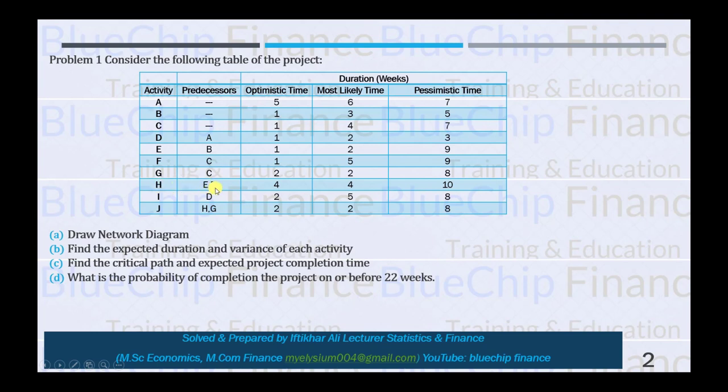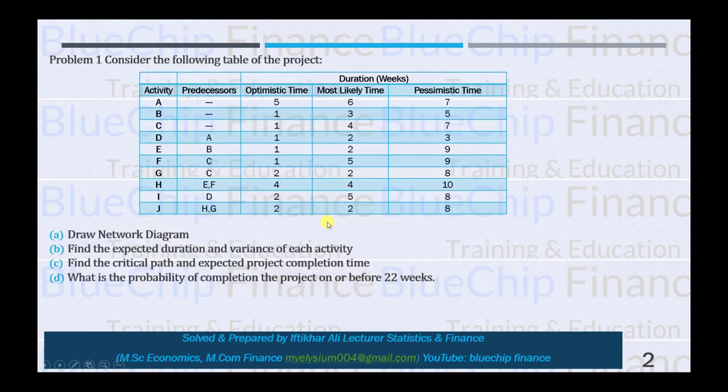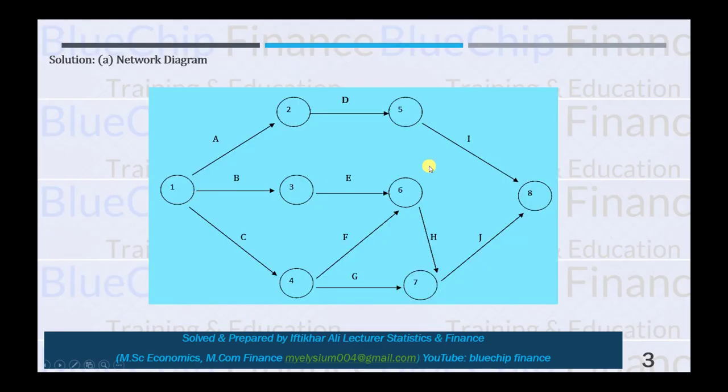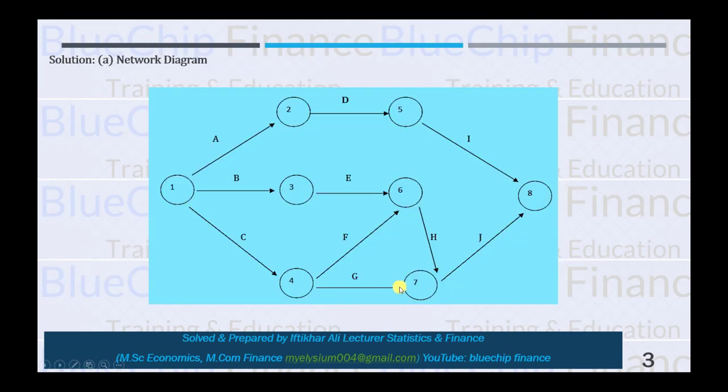Where E and F end, activity H starts. That is why we joined E and F here, and from here activity H starts. After that, activity I starts from where activity D ends, and finally activity J starts from where H and G end.